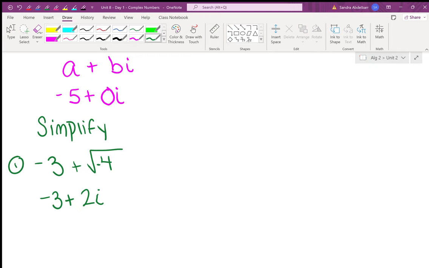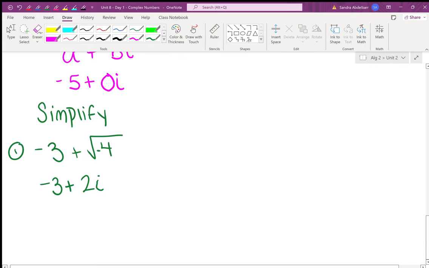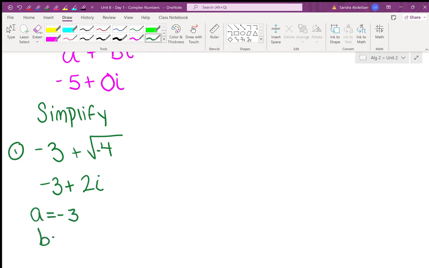It's a variable where we know the value is the square root of -1. So we follow the rules of variables when we're adding, subtracting, multiplying, whatever we're doing. Can I add these together? No, because they're not like terms. One has a variable, one does not. So we leave it just like this. In this scenario, what number would be my a and what number would be my b? Dylan? You got it.